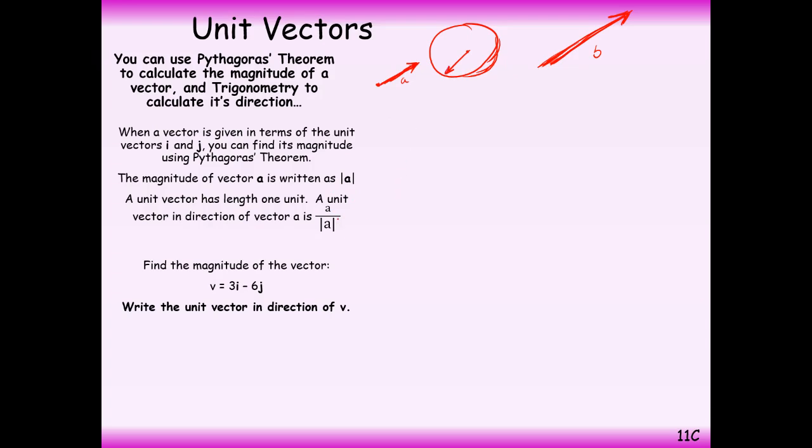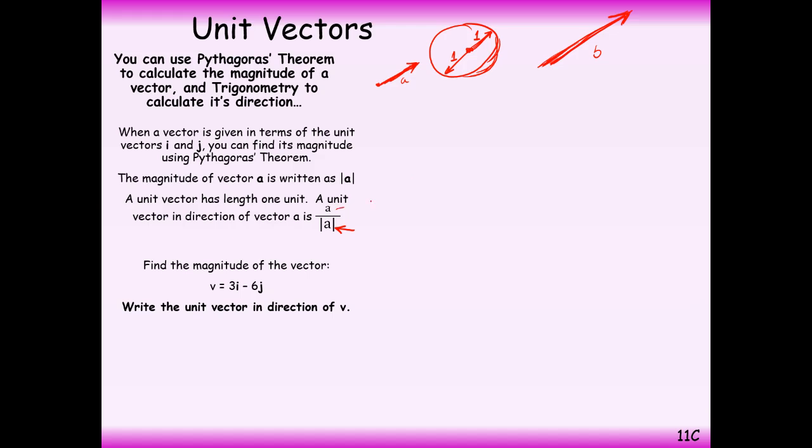So you divide by the entire length of each vector so that you end up with vectors that both have a length of one. To make sure they have a length of one unit, you divide the original vector.